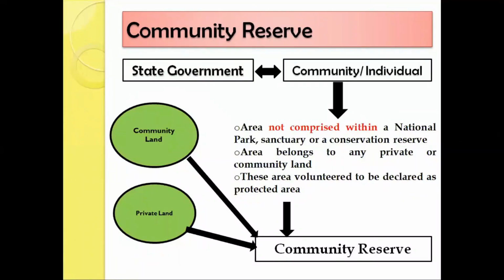A community reserve is an area which is not included in any national park, sanctuary, or conservation reserve. Actually, this area belongs to an individual or a community, but these individuals or communities volunteer their lands to be declared as a protected area. The state government will declare this area as a protected area, and it is known as the community reserve.